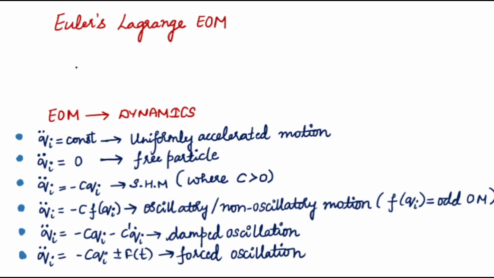Let me write the mathematical expression for the Euler-Lagrange equation of motion. It is the total time derivative of the partial derivative of Lagrangian with respect to generalized velocity, minus the partial derivative of Lagrangian with respect to generalized coordinate qi, equal to 0.